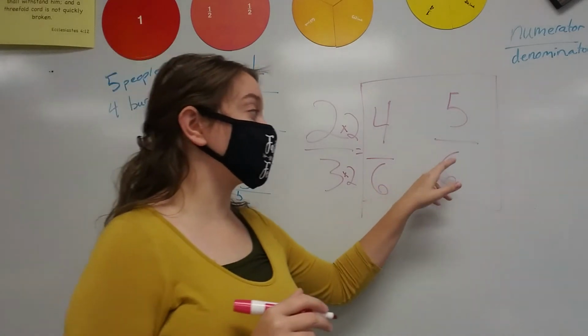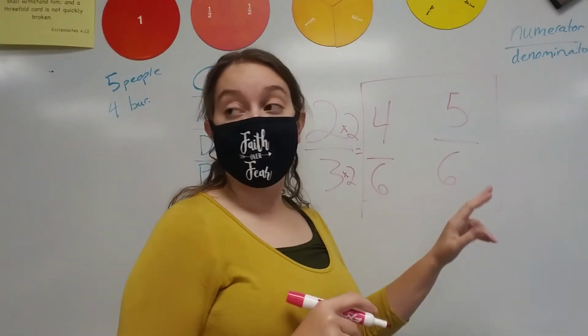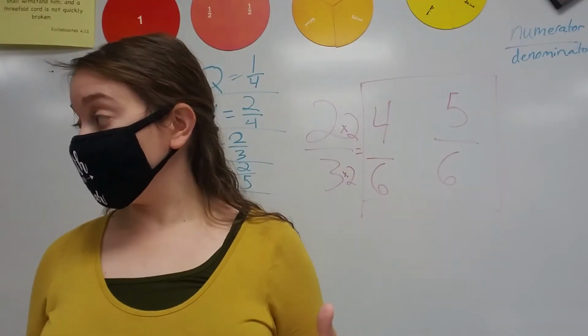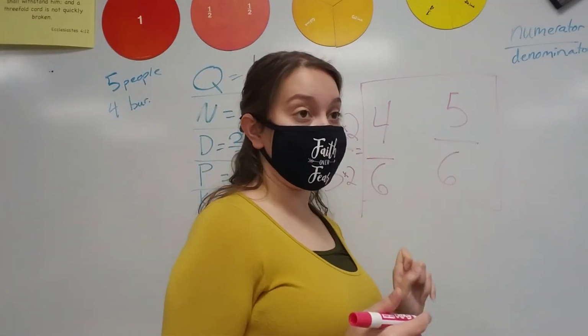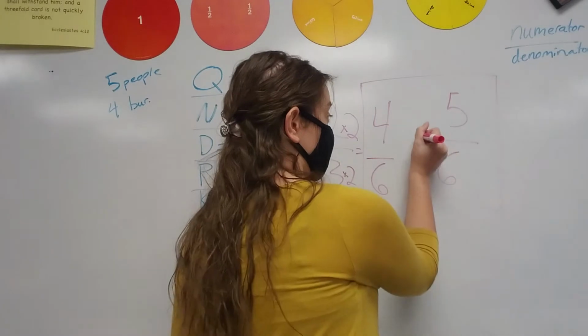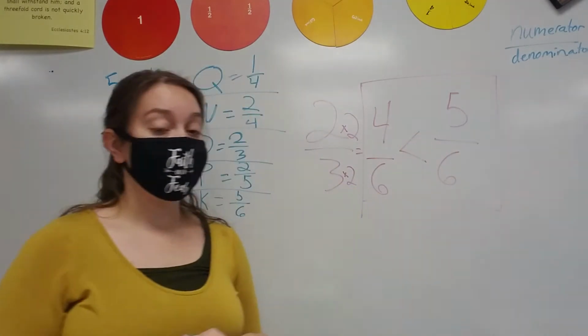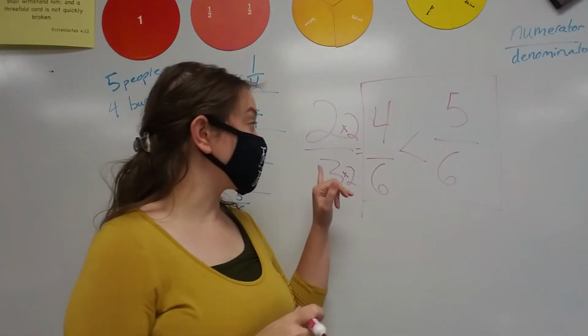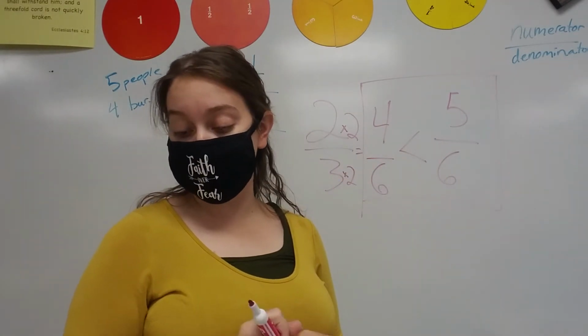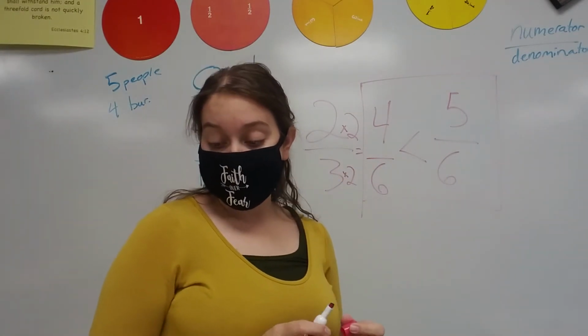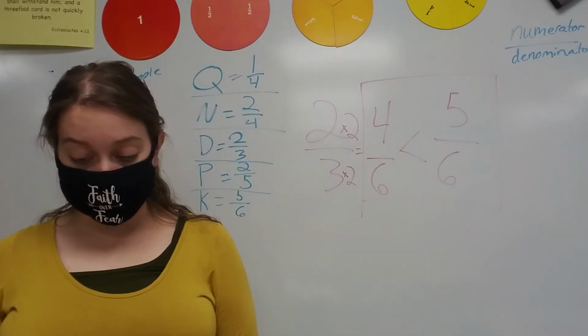So now we have the same denominators, right? We broke it into 6 pieces. So which one is more, having 4 pieces or 5? Everyone? 5. Okay? So who ate more, Diego or Kiana? Kiana. So write Kiana on that line. Then it says, how do you know?